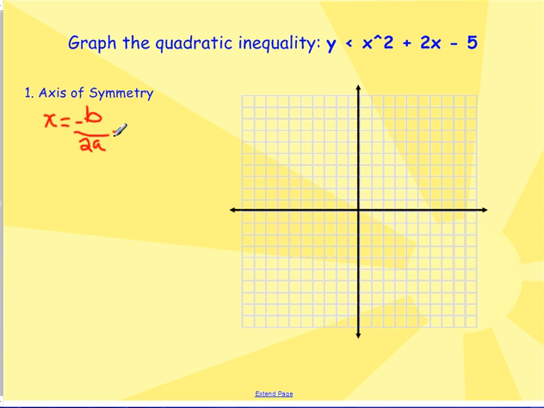In this case, my b is 2, so I'm going to have negative 2 over 2 times a, which in this case is my invisible 1 in front of my x squared. So I have negative 2 over 2 times 1, which is negative 1. So I know that my axis of symmetry is going to be x equals negative 1.